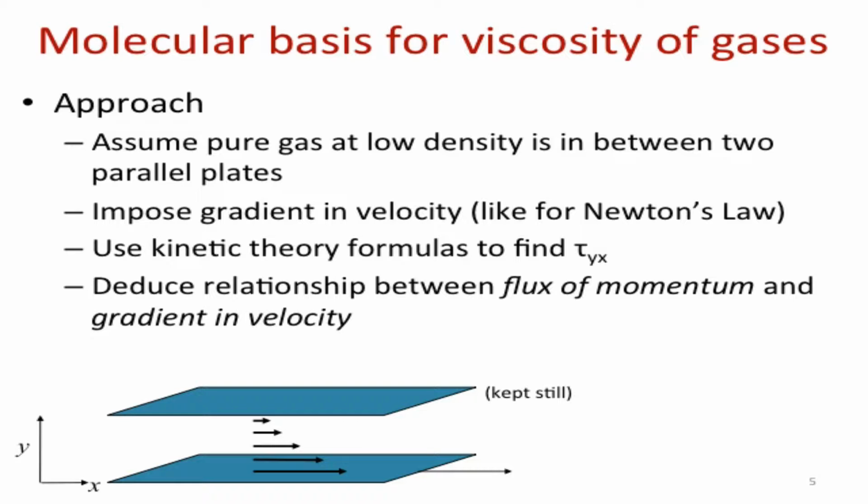And we're going to impose gradients in velocity, just like we did in Newton's law between two parallel plates. And then I'm going to actually calculate the flux of x momentum in y direction. And that calculation, using kinetic theory formulas, should give me an expression for viscosity.